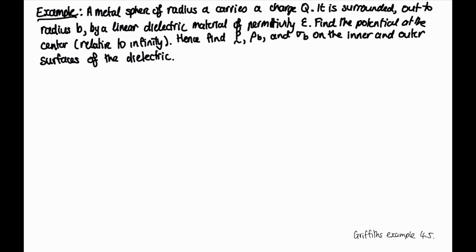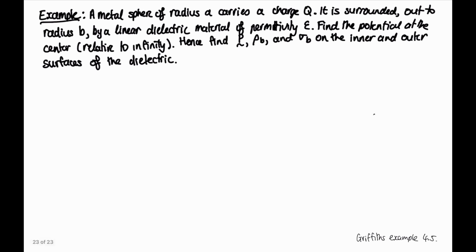Okay, so let's start by sketching a diagram, and then we'll work through what we need. So here is our metal sphere with radius A, and then it's surrounded by a dielectric here at radius B, and we're asked to find the potential at the center relative to infinity.